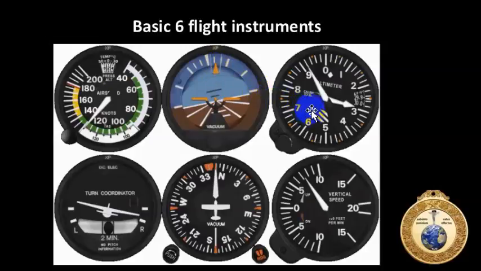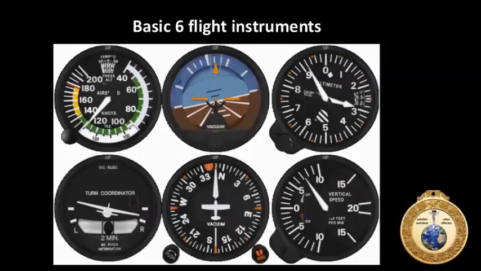Our altimeter is almost at 3,000 feet. Here we have a coordinated right turn, because the ball is centered in the inclinometer. We have a heading indicator, and in this indication, it would be rotating to the left, indicating a right turn. And then we have a vertical speed indicator. So these are our basic 6 flight instruments.